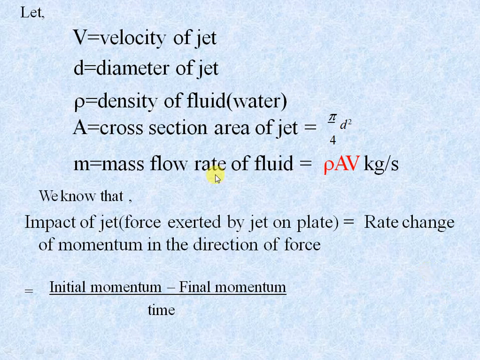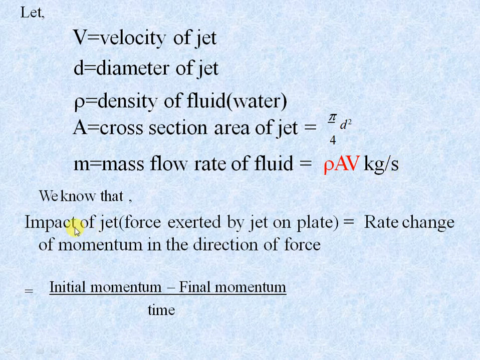So let us consider v is the velocity of the jet, d is the diameter of the jet, rho is the density of the fluid, and the cross-section area of the jet at the end is pi by 4 d squared. M dot is the mass flow rate of the fluid, that is rho Q, which is rho A v kg per second.